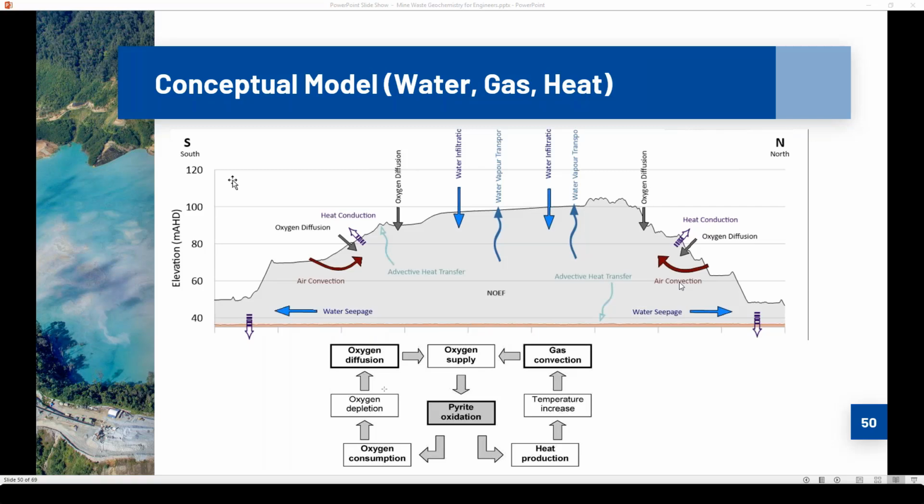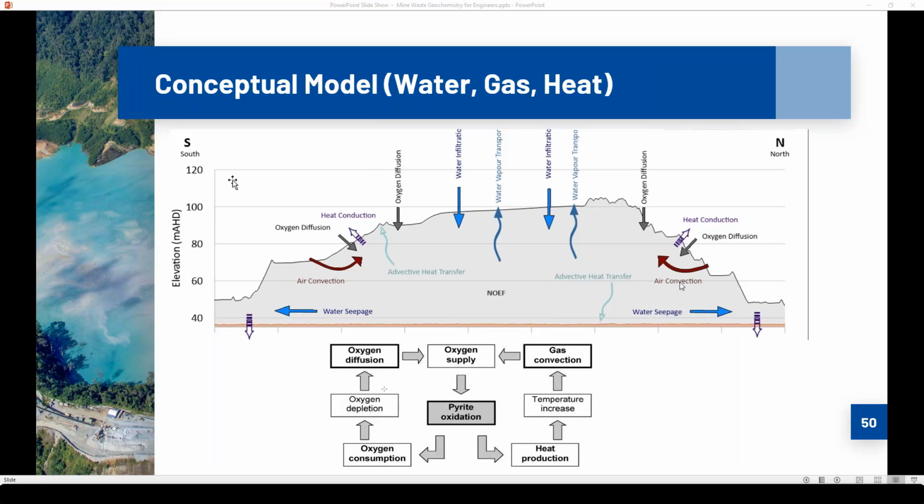Well, here is an example where we've used some modeling to understand this interaction between the pyrite oxidation, the supply of the oxygen, the convection of the gas, and the heat that gets generated within a particular waste rock facility.